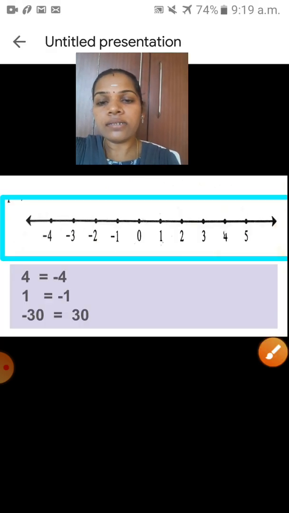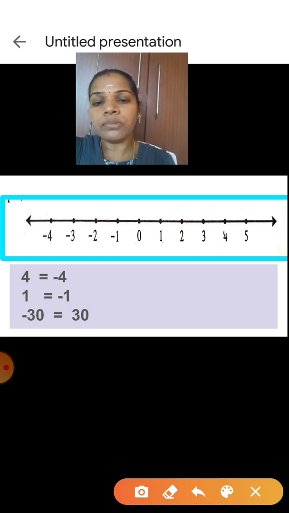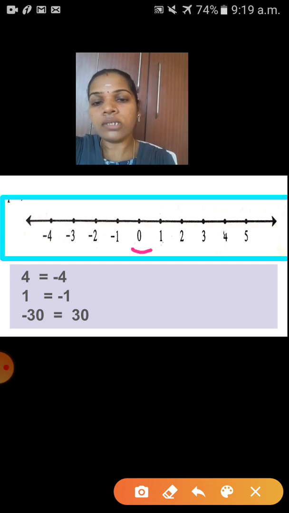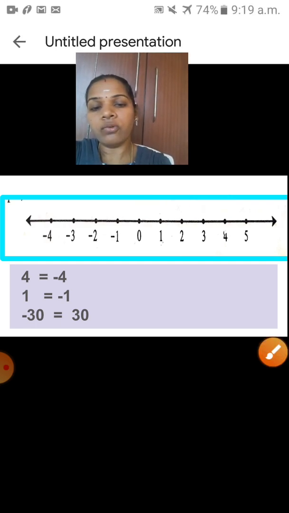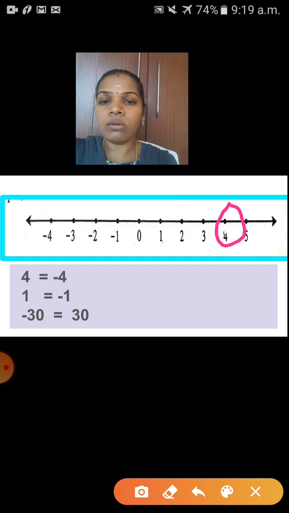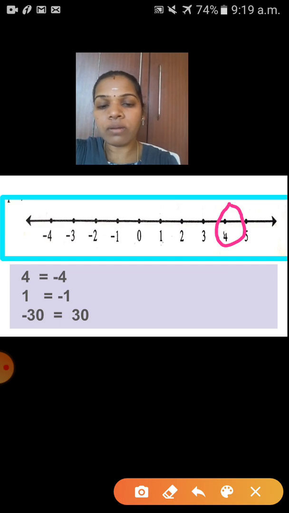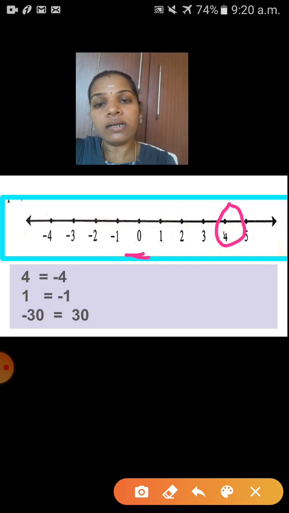Okay, and children, see here, one more number line I have given here, and from 0 you have to go 4 units to the right. So 1, 2, 3, 4. After 4 units you reached 4, positive 4, on the right side. Afterwards from 0 you have to go 4 units to the left side.